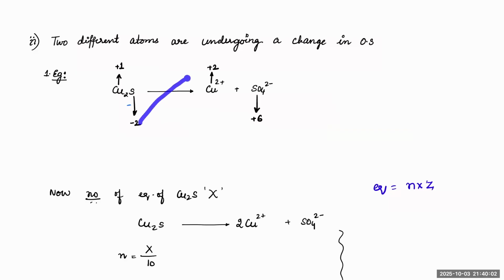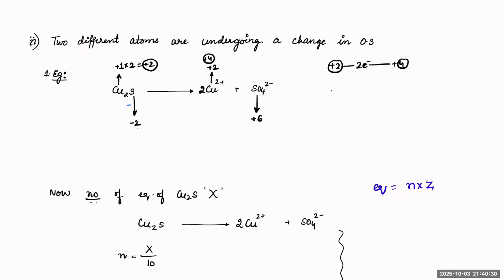So notice how many electrons are transferred from one species to the other here. There are two coppers here, so 1 into 2, the total charge is plus 2 for 2 coppers. And similarly, if I take 2 coppers here, total charge is plus 4. So from plus 2 to plus 4, how many electrons are transferred here? 2 electrons are being transferred.